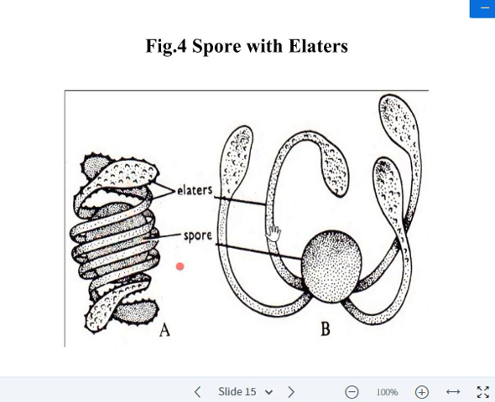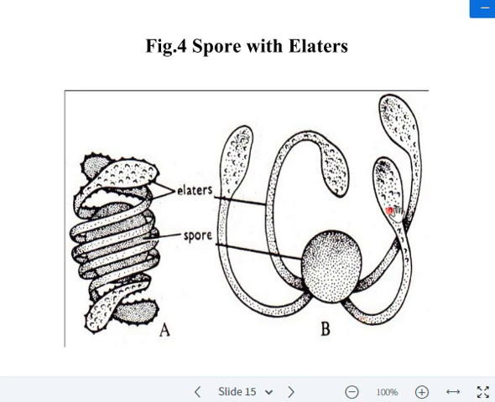The spores of Equisetum have a single nucleus and are covered by 4 layers, and the outer layer, the epispore, splits into 4 balloon-like structures known as elaters. These elaters are very helpful for dispersal of spores from the sporangium because they are hygroscopic in nature.